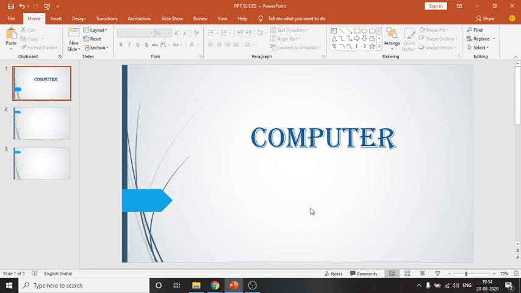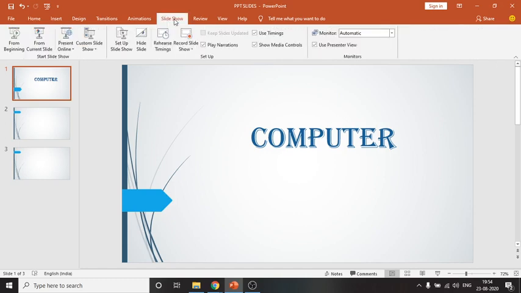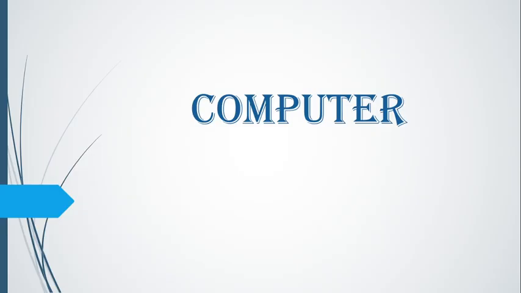We have discussed this also in our last class, how to go for a slideshow: from the slideshow ribbon, from beginning, or by pressing F5 from the keyboard. Now, this particular slide, it directly came before me. Now, I want it to come in a different way.